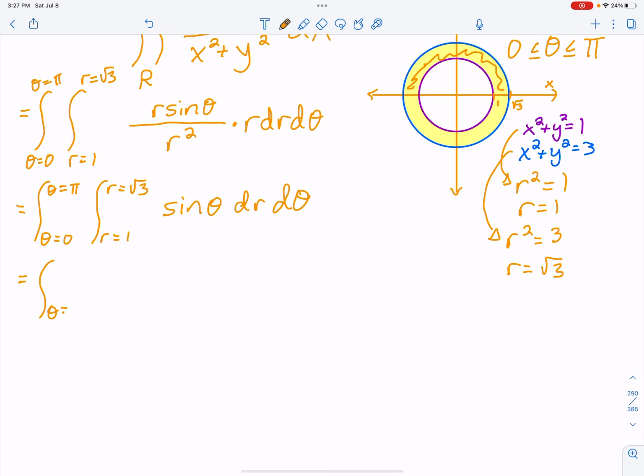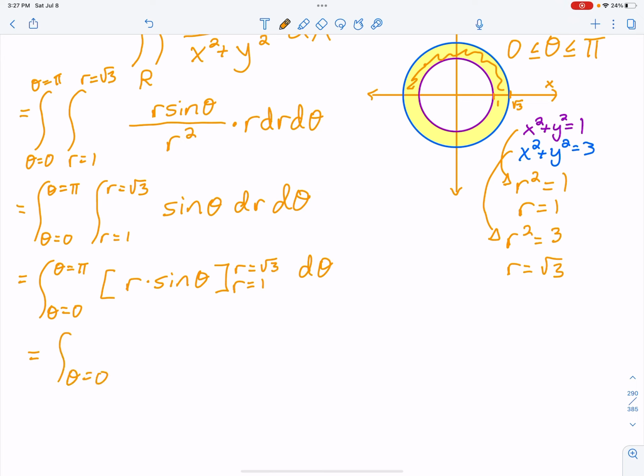Now we're going to integrate. The integral of sine theta with respect to r is r sine theta. Be very careful not to try to get negative cosine here, because it's with respect to r, not theta. So we're going to run r from 1 to root 3, d theta.